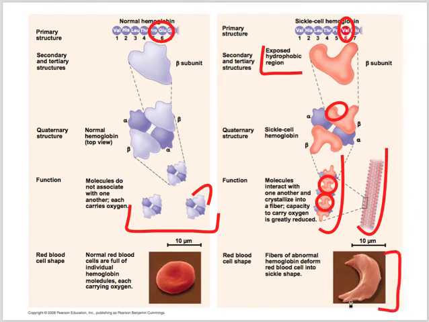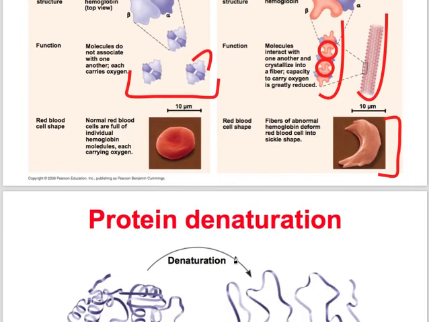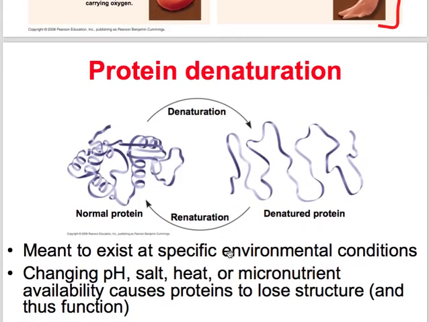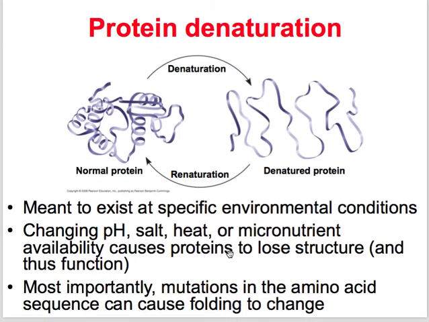Now remember, this means that if you're heterozygous for this, you got half of these and half of these, so O2 flows pretty well, and these cells prevent enough of these for allowing malaria to basically hitch a ride. So again, being immune to the top disease of humans is not something I'd necessarily call a disease. So I think it's much more advantageous than people usually give it credit for.